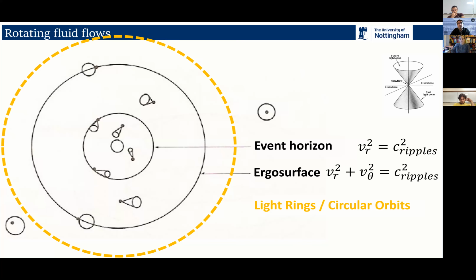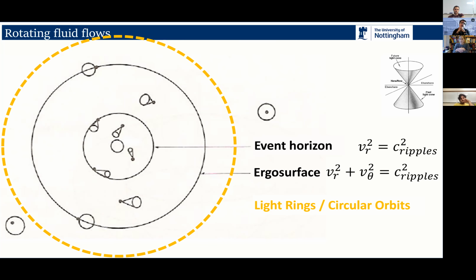If you have a radial flow and an angular velocity component, but I'm now only focusing on the radial part, the apparent horizon, or analog event horizon, let's live with this for now, is where the radial velocity is equal to the propagation speed of your surface waves.